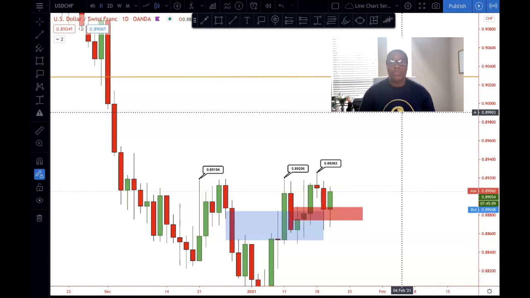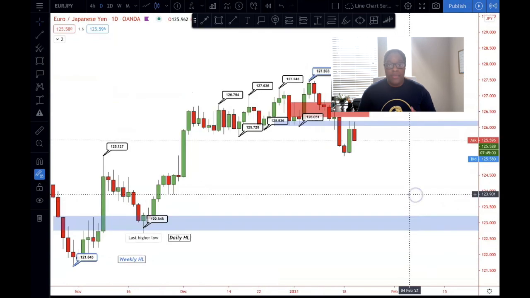Now what we're going to do is we're actually going to jump into another currency pair. I'm going to update you guys on this one to show you guys what's going on with that one. That currency pair is going to be EURJPY. Now, dealing with EURJPY, guys, it is in the Euro base family. And here's what I mean with base. A base currency is the first currency within a currency pair.